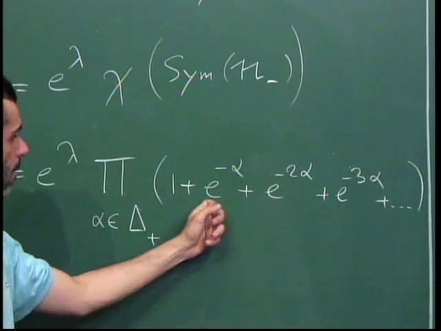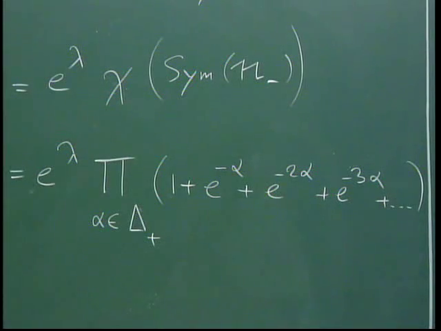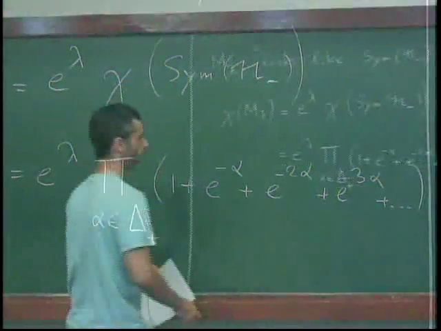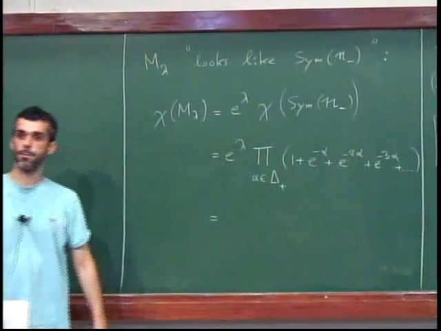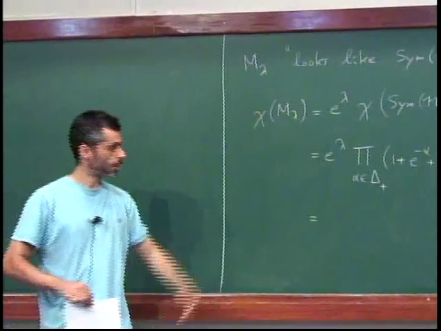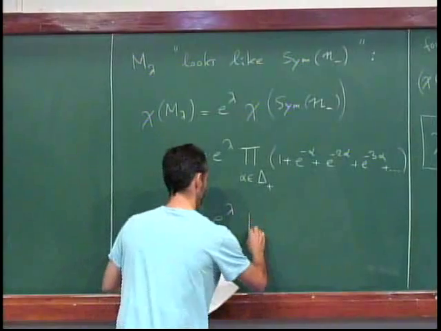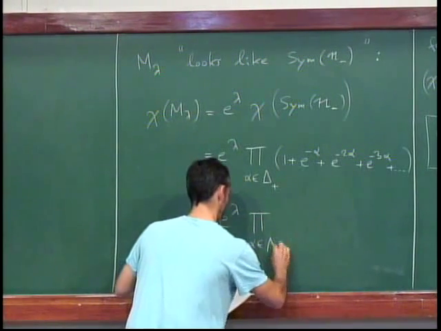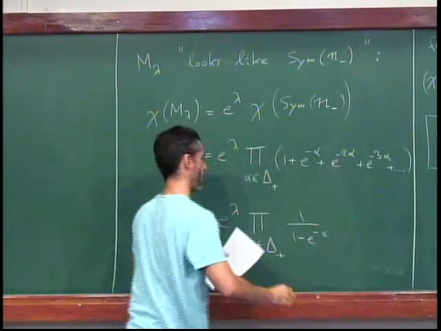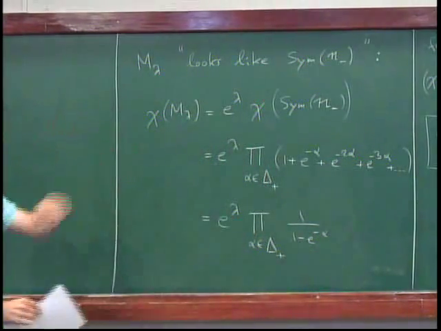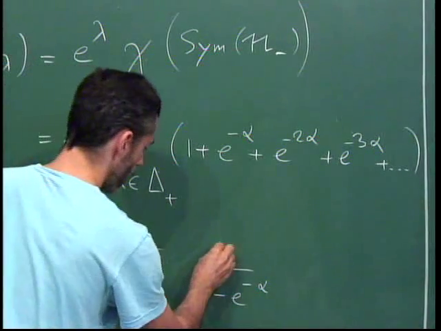And then you have this element, its square, its cube, and so on. And then you take the product over all these things. Well, that's a power series which is sometimes convergent, sometimes not convergent. But when it's convergent, I know what it is. That's what it is. So we've computed the character of this Verma module.